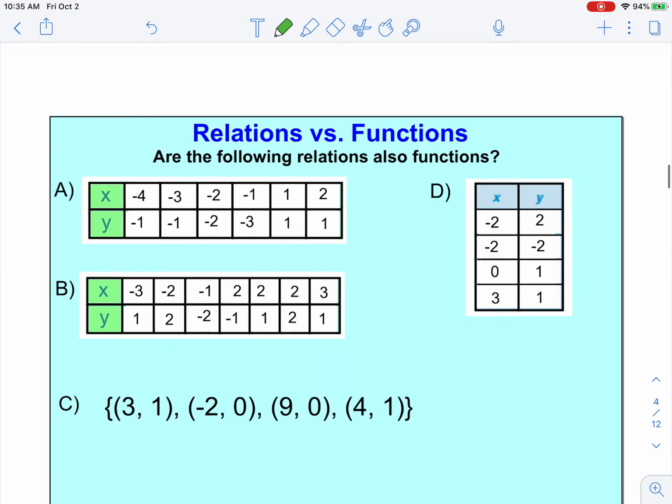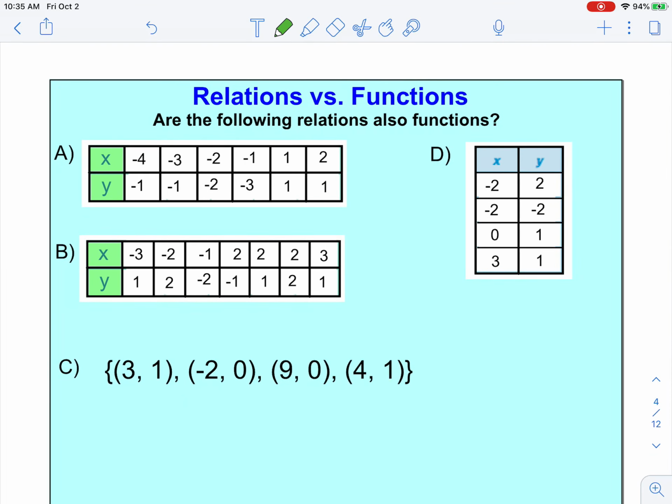All right, so let's practice some problems. Are the following relations also functions? They're all relations, okay? All of them are relations because they're sets of ordered pairs. We want to know which ones are also functions. So let's take a look.